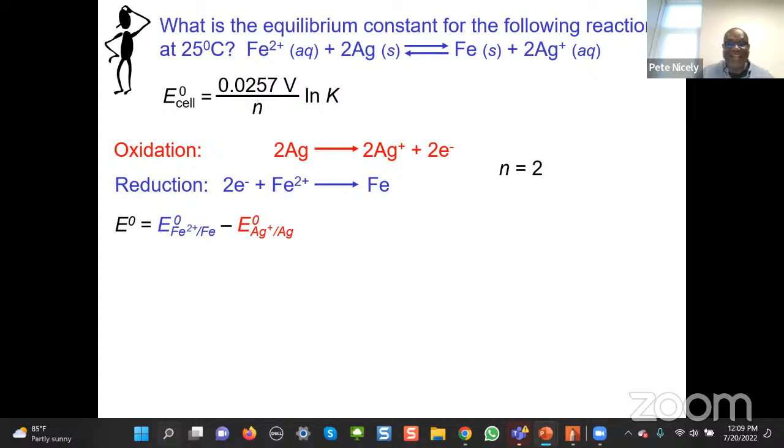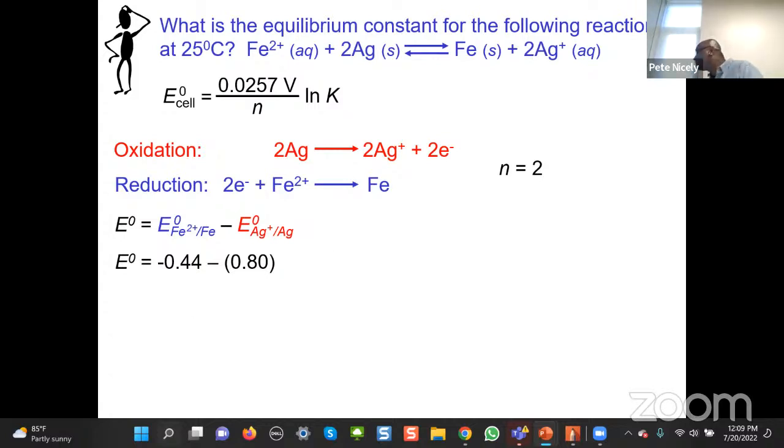For the silver and the iron half cells. So when you look it up, you'll see that the iron half cell would have a value of minus 0.44, and the silver plus to silver would have a value of 0.80. Okay, so this is the way I would do this particular problem.